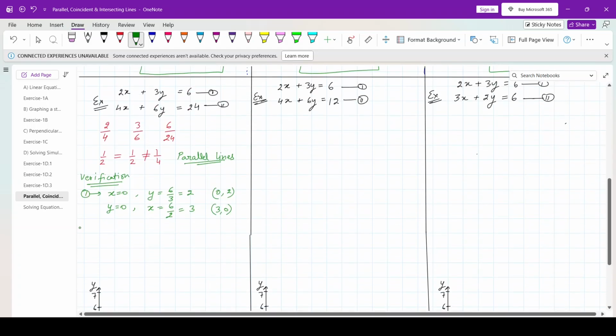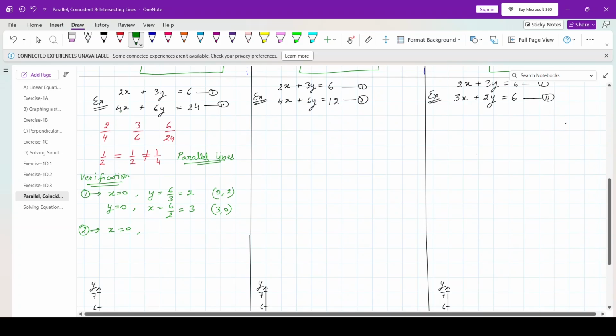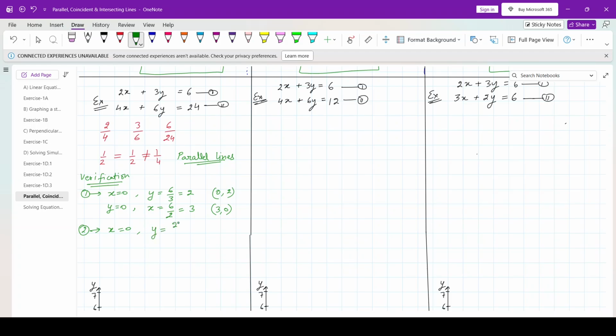Now let's plot our second equation. If we take x is equal to 0 in the second equation, that will be 6y is equal to 24 and y will be equal to 24 by 6, that is 4. So this point will be 0, 4.